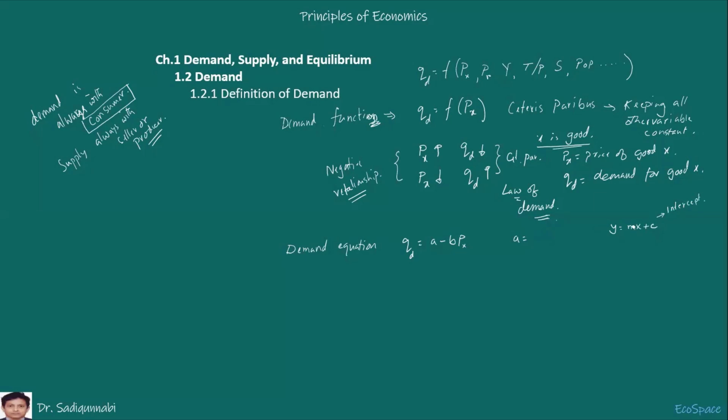What is M? Slope. X is the independent variable, and Y is the dependent variable.